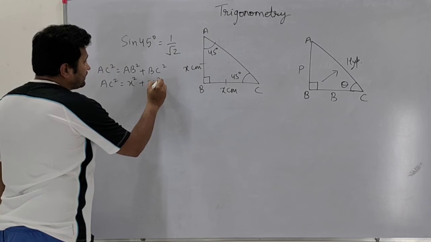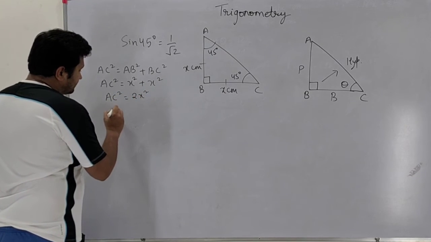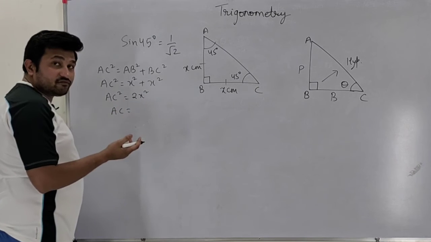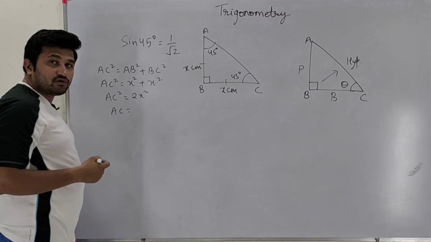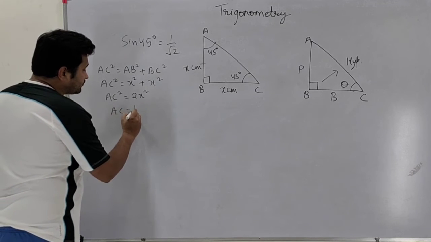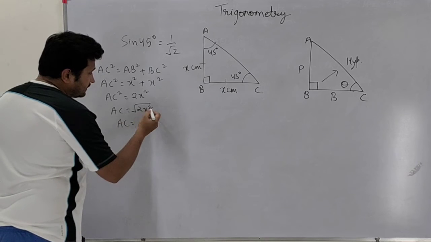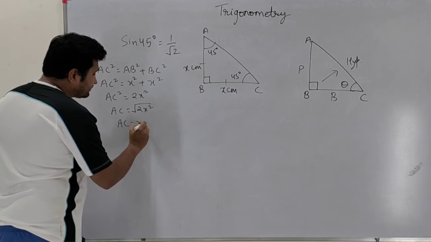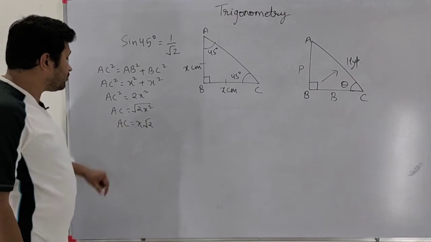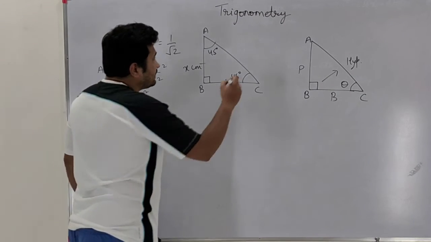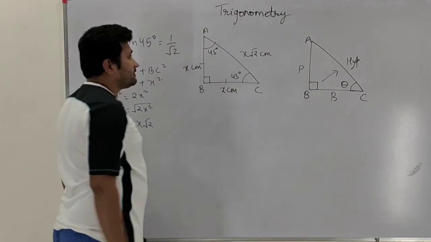BC is also x square. So AC square equals 2x square. To find the value of AC, I have to remove this power 2, so I will take the square root of both sides. AC equals square root of 2x square. The square root of x square will be x, and root 2 will be root 2 only. In this way we have found the hypotenuse AC in terms of x, and this is x root 2 centimeter.